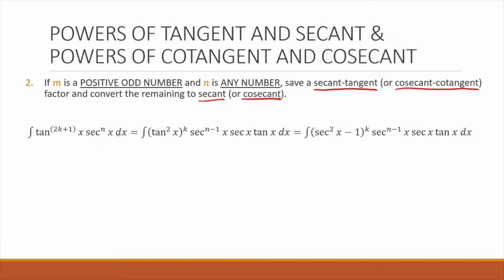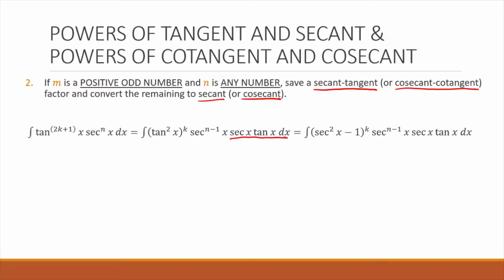So again, if this is the case, we isolate tangent x, we also isolate isang secant x na factor. So that's why we can see here na-isolate na secant x tan x na factor.